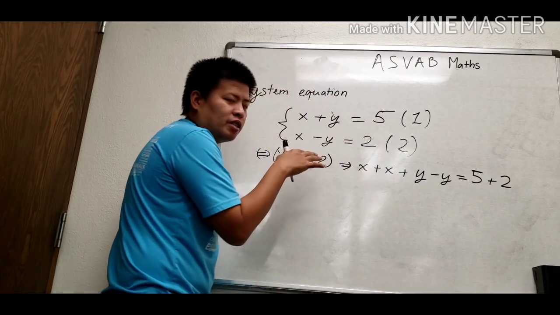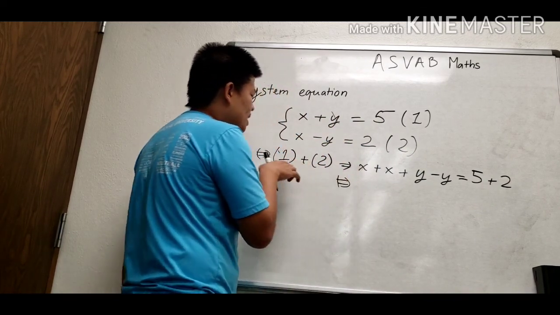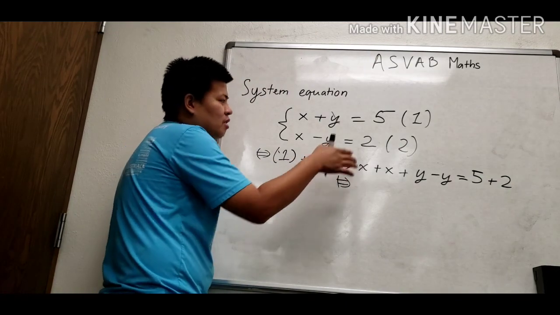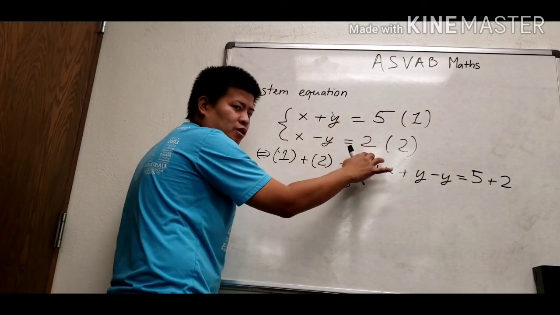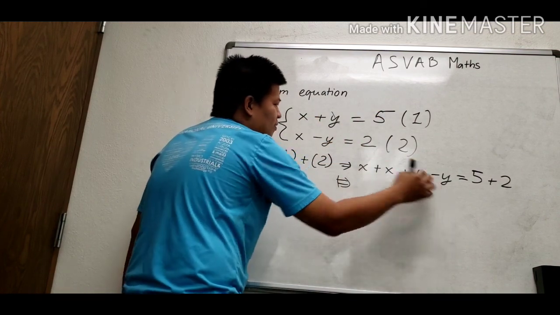We put the two equations together. Because we have the addition here, this means two equations sum together side by side. You see that? Side by side.